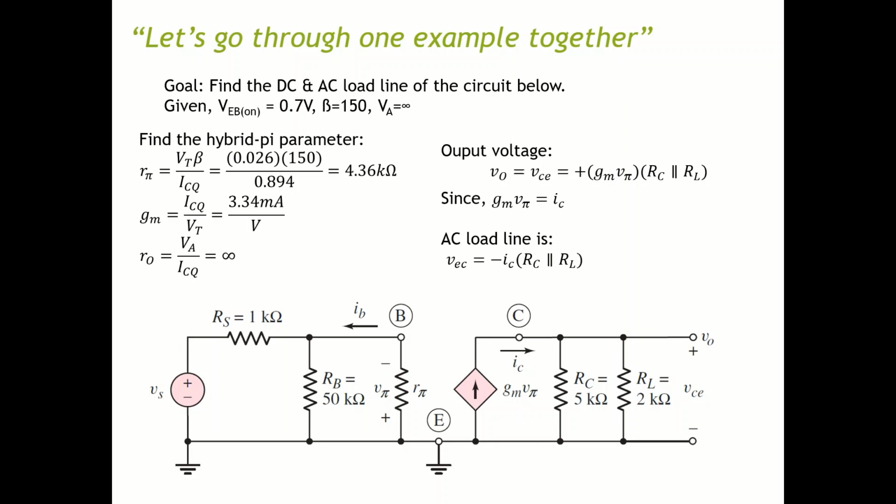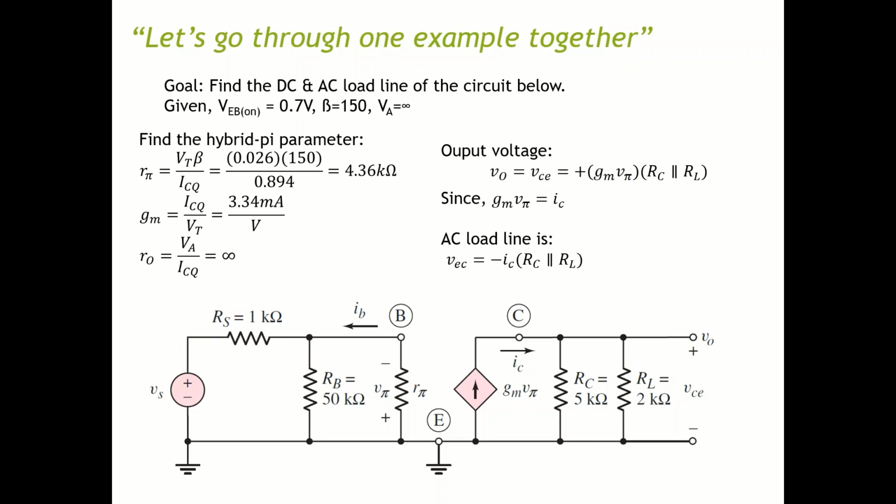One of the comments I want to make is that in the small signal equivalent circuit, the large 10 kilo ohm emitter resistor is effectively shorted by the capacitor CE. The load resistor RL is in parallel with RC as a result of coupling capacitor C2.